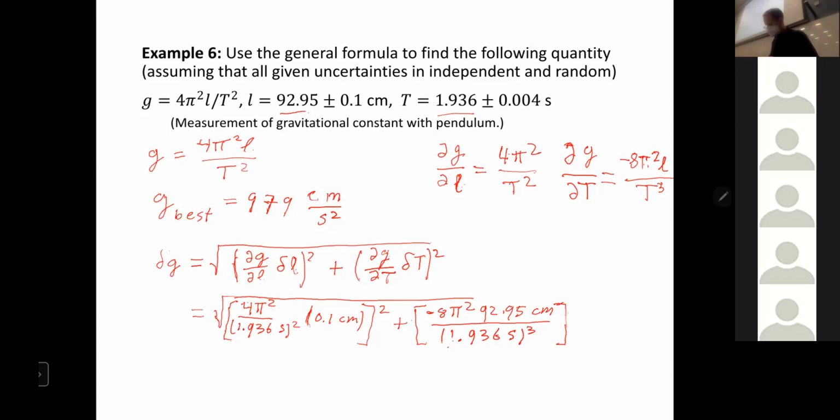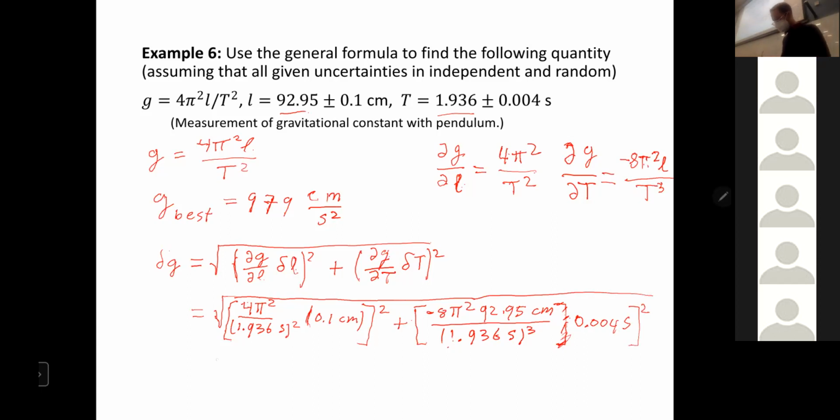So I'm sorry, this is a little bit sloppy. Oops. But get rid of that bracket here, multiply by 0.004. That has units of seconds. And then I'm going to multiply by, or take the square. Okay, so that's the formula that you would get.